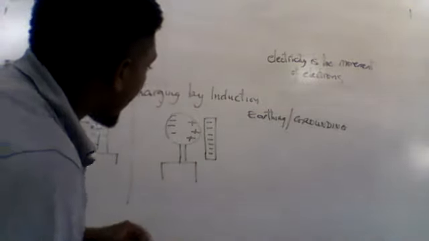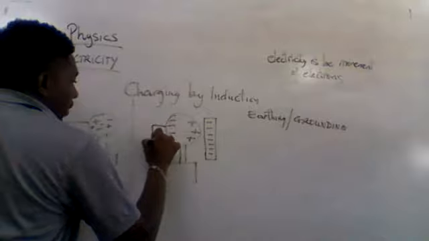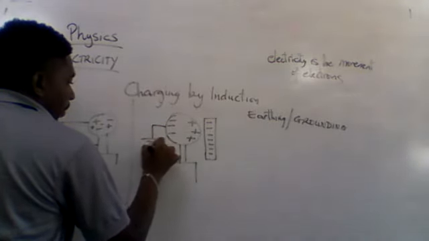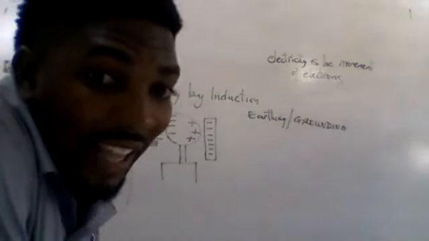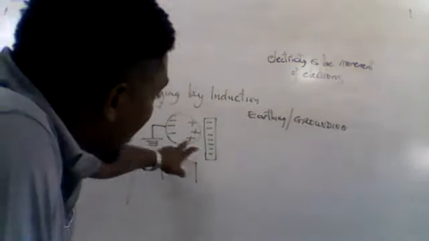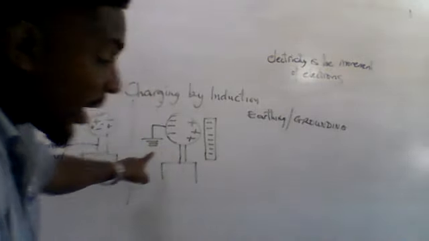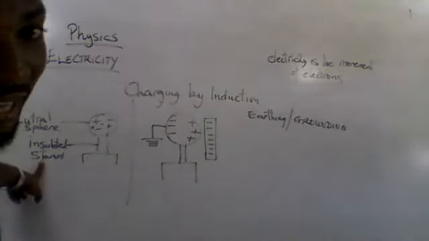Now, in this case, earthing provides a direct path for charges to flow from this neutrally charged object towards Earth. Remember, it cannot pass through here because we said that it's an insulated stand.